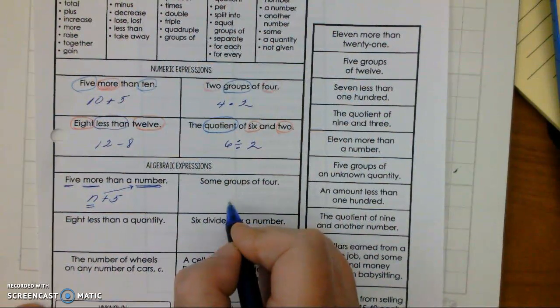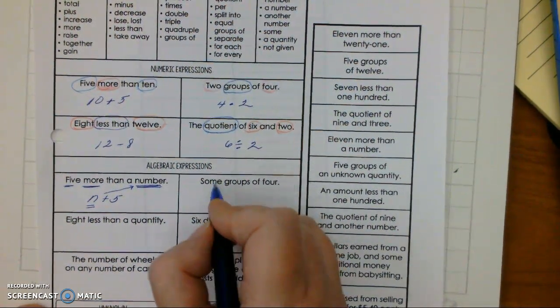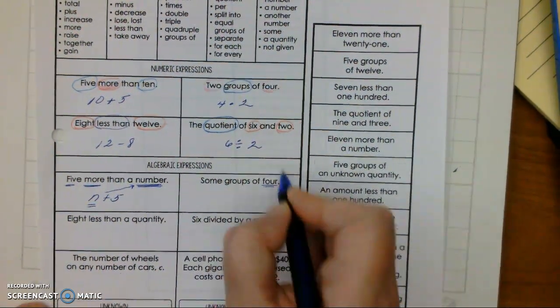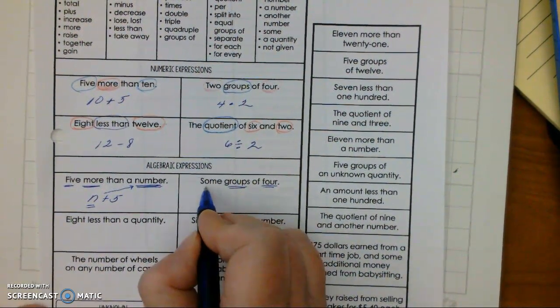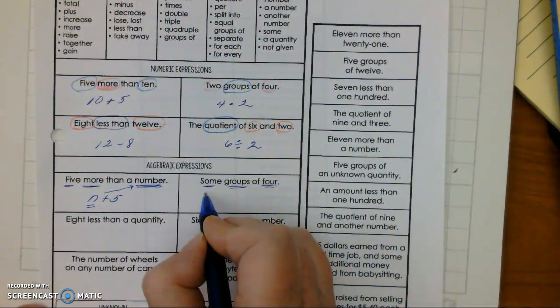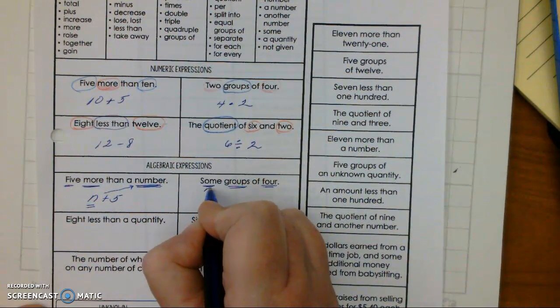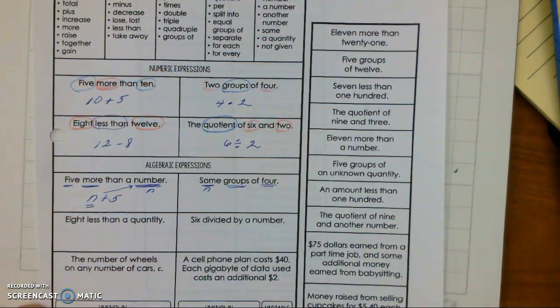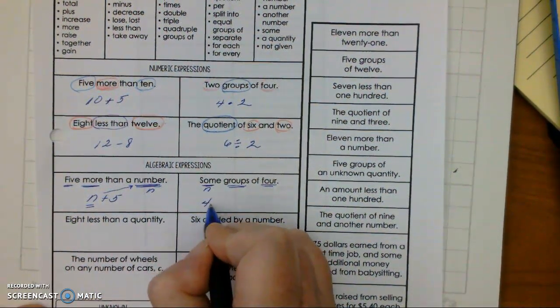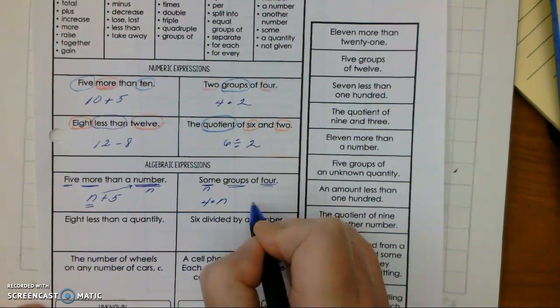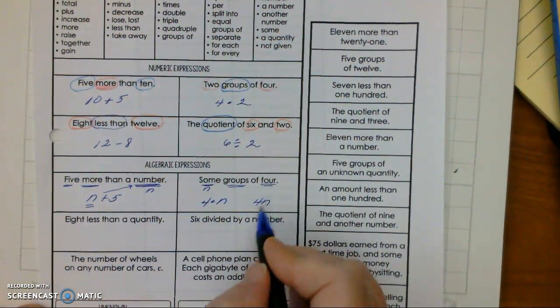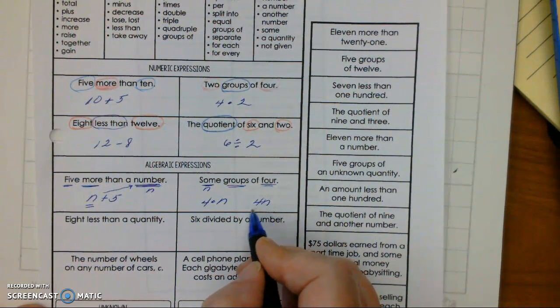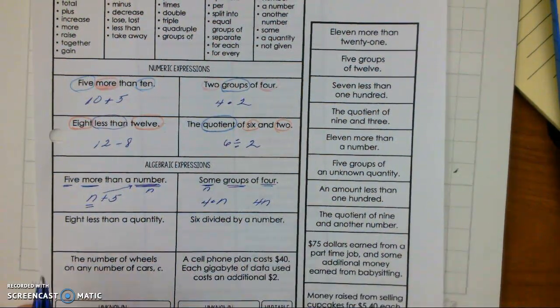Okay? Some groups of 4. So 4, like above, we know there's group. Some is going to be the variable. So that's the n, just like this was the variable. So it's going to be 4 times n, or remember, you can just do 4n because when you put these two side by side, it's multiplication.